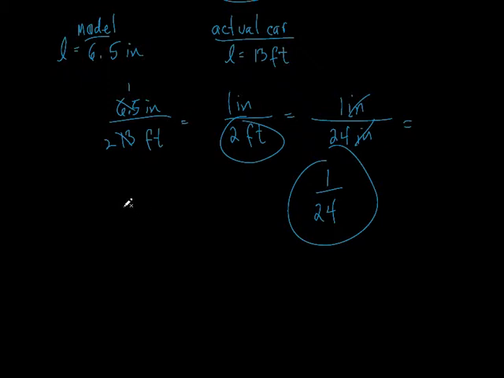It's exactly what it means. For every 1 whatever, inch, feet, you go on the model, you're going to go, in this case, 24 on the actual thing. Make any sense at all? I don't think that's too hard.